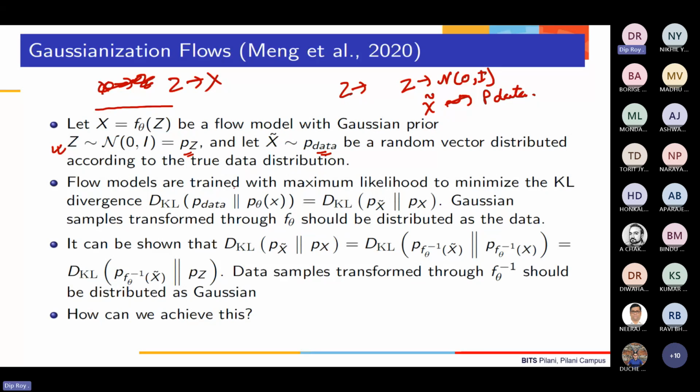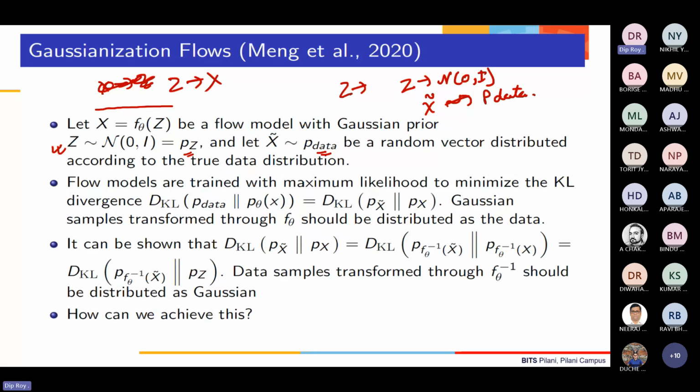Now, flow models are trained with maximum likelihood to minimize the KL divergence between P data and P theta. Ultimately, if we are able to reduce the KL divergence between the true distribution and the model distribution, we are bang on target.